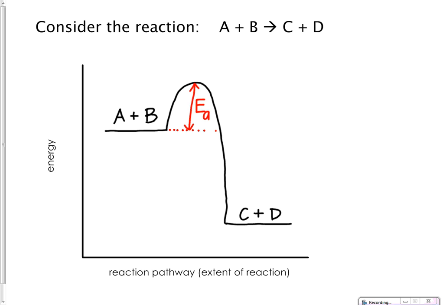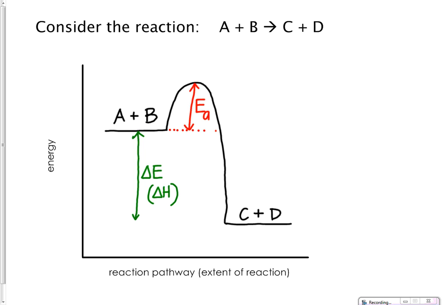We give that a symbol, E sub A. The amount of energy that is the difference between the reactants and the products is either known as delta E, or sometimes, if we assume constant pressure, we'll say that it's delta H.